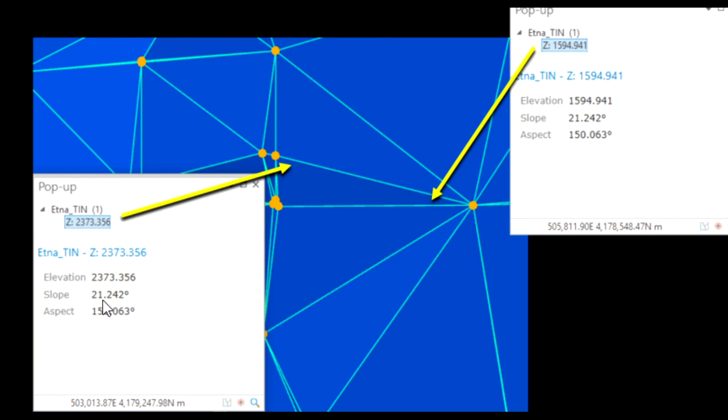It's 21.24 degrees for both of them. Same goes for the aspect. So all points along this triangular plane or face are essentially the same slope and facing the same direction. However, as we can see here, the elevation is different. So we're going up the slope as we go from this node to that node.